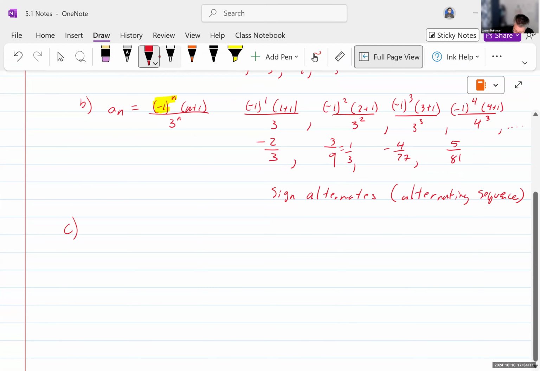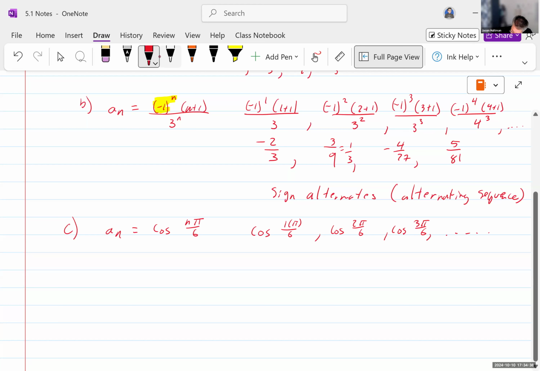Okay, C, a sub n is equal to cosine of n pi over 6. So this becomes cosine of 1 times pi over 6, cosine of 2 pi over 6, cosine of 3 pi over 6, and so on.